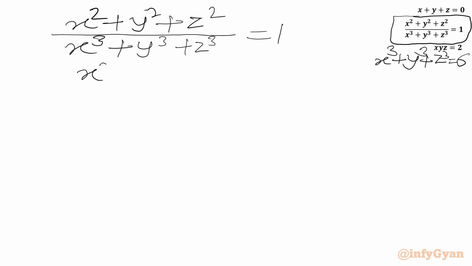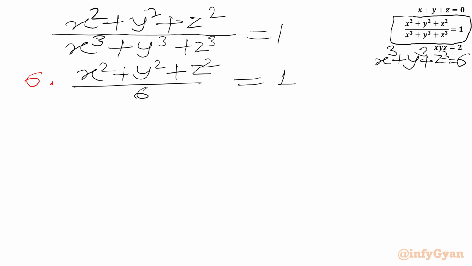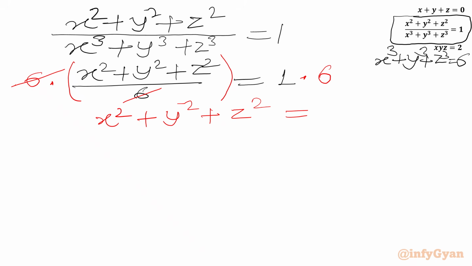So we can write x square plus y square plus z square over 6 equal to 1. Now we'll multiply both sides by 6. In LHS, 6 and 6 will cancel. We will get x square plus y square plus z square equal to 6. Let's say this is our equation number 5.